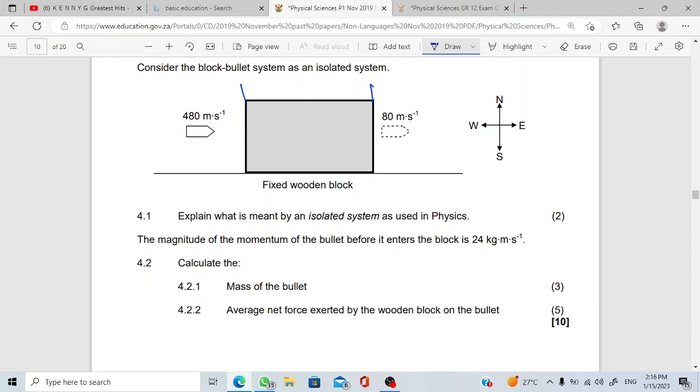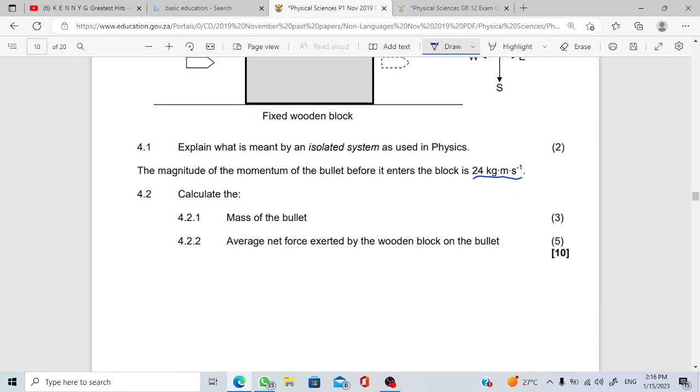Now, the magnitude of the momentum of the bullet before it enters the block, it's this. Calculate the mass of the bullet. Okay, alright. Now calculating the mass of the bullet should be easy. Momentum, by the way, when I'm writing here you cannot notice that it's a small letter p, but it is. Now momentum is equal to mass multiplied by the velocity. We don't know the mass, but we know the momentum, which is 24.